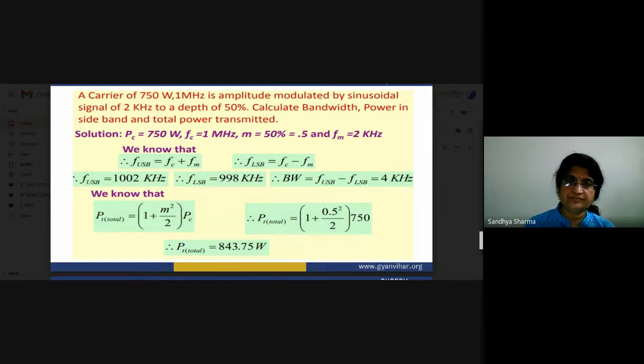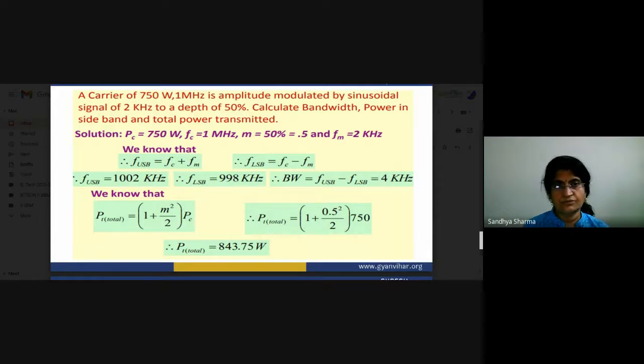Now again, a carrier of 750 watt 1 megahertz is amplitude modulated by a sinusoidal signal of 2 kilohertz to a depth of 50%. Now calculate the bandwidth, power in sideband and the total power transmitted. The frequency is 1 megahertz and carrier power PC is 750 watt.